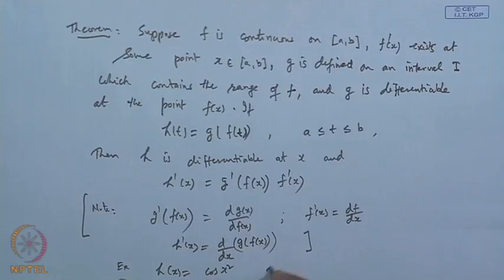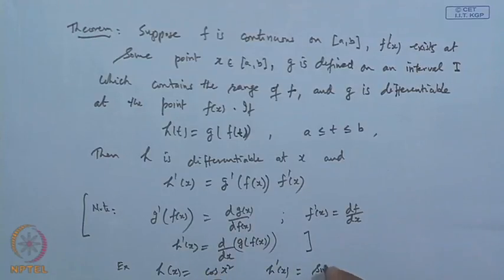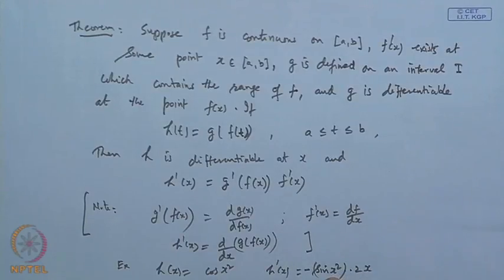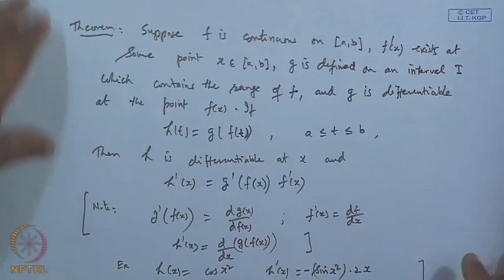When you differentiate h with respect to x, if x square is t, then cos of t has derivative minus sine t, so we get minus sine of x square, and then x square is differentiated with respect to x, which gives 2x. So, that is the composition.